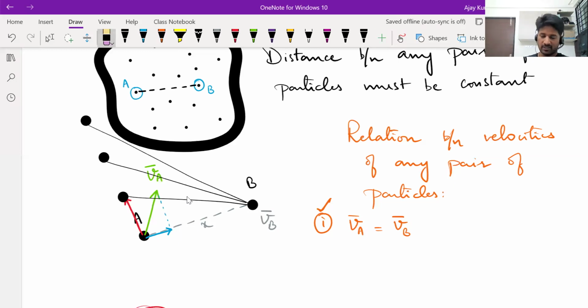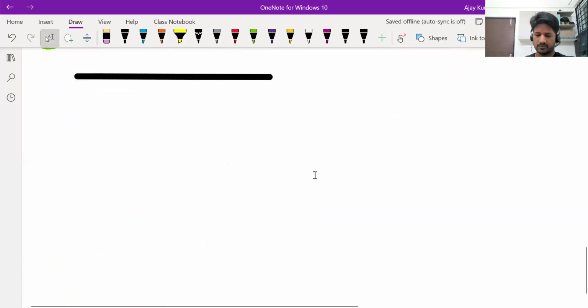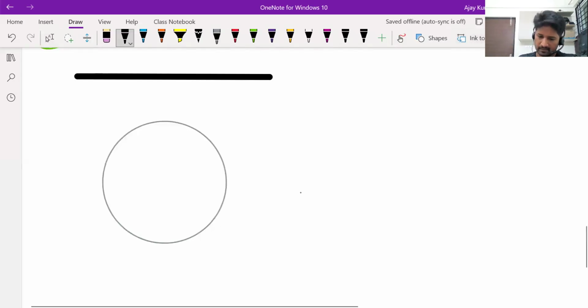Okay. We are looking at the component of velocity along the line joining two particles and perpendicular to the line joining two particles. Indirectly, what I'm saying is something like this. Consider circular motion again. Let this be the center of the circle, call this X. And let's say some object is moving around X in a circle, call it Y. Now, Y can move around X without the distance between them changing.